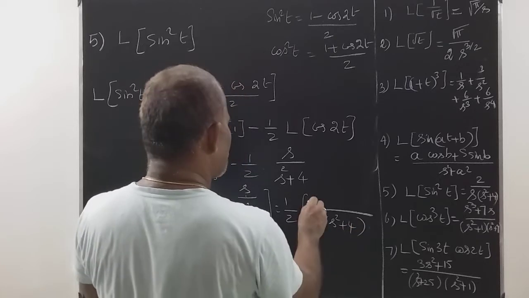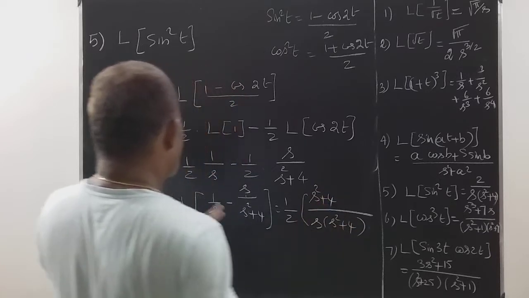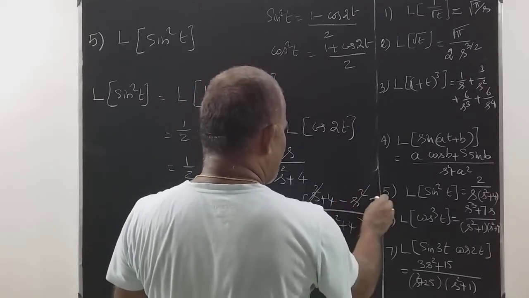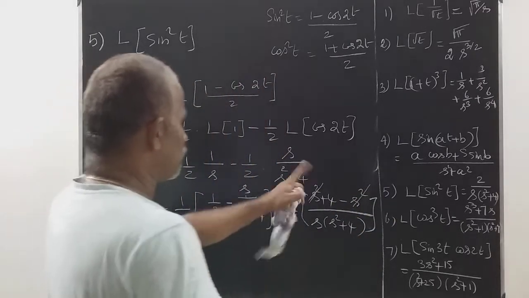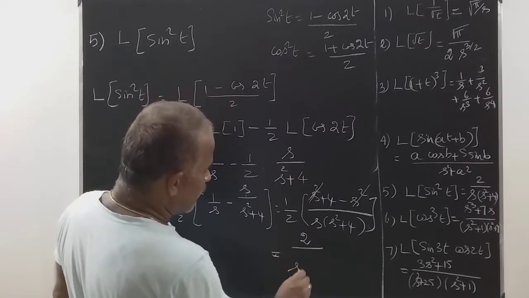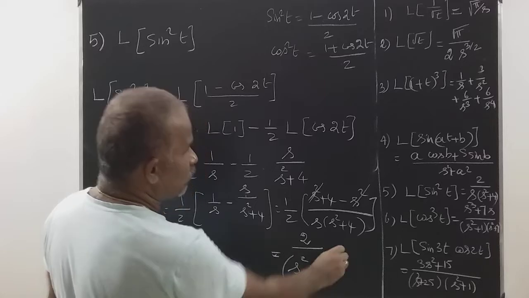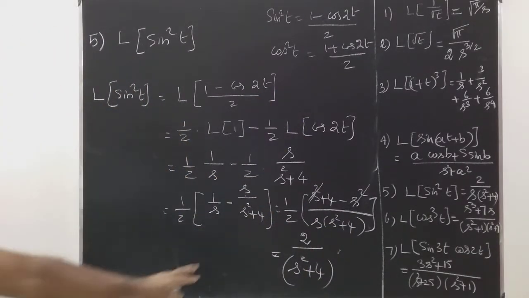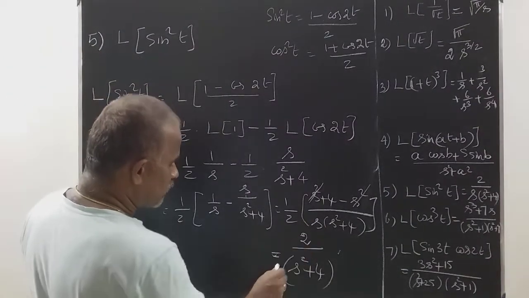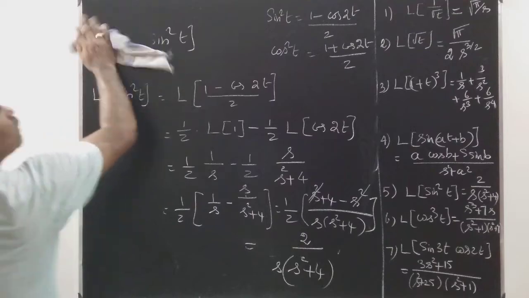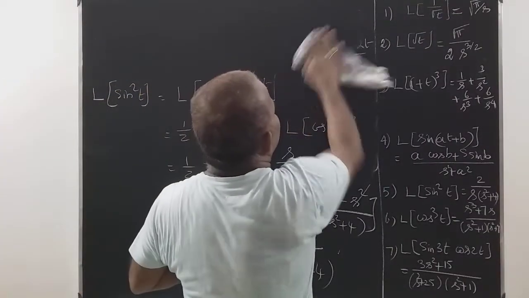Therefore s square plus 4 minus s squared. S squared will be cancelled. So therefore I can get 4, 2 and 2 cancel. Therefore 2 divided by s into s square plus 4. Okay. So fifth problem is also over.